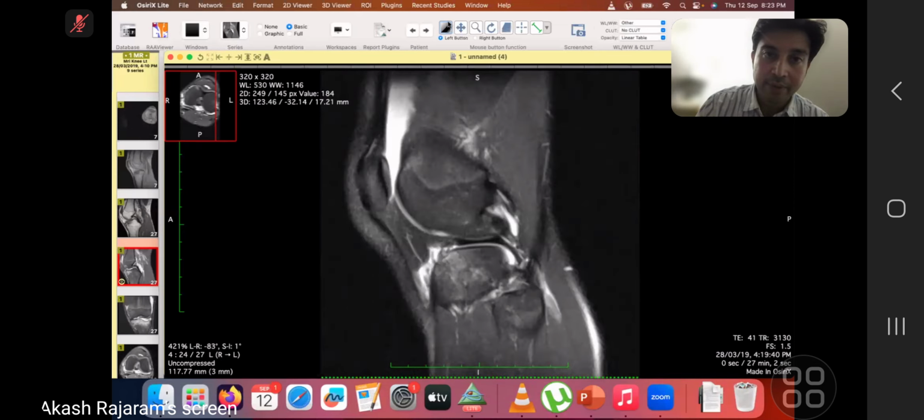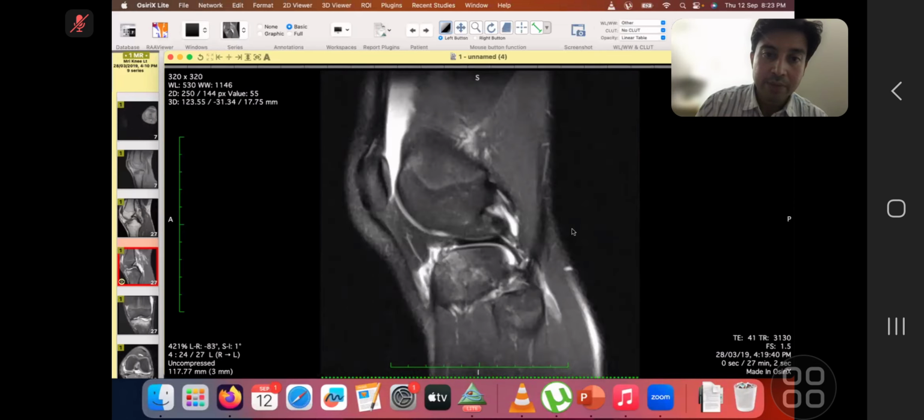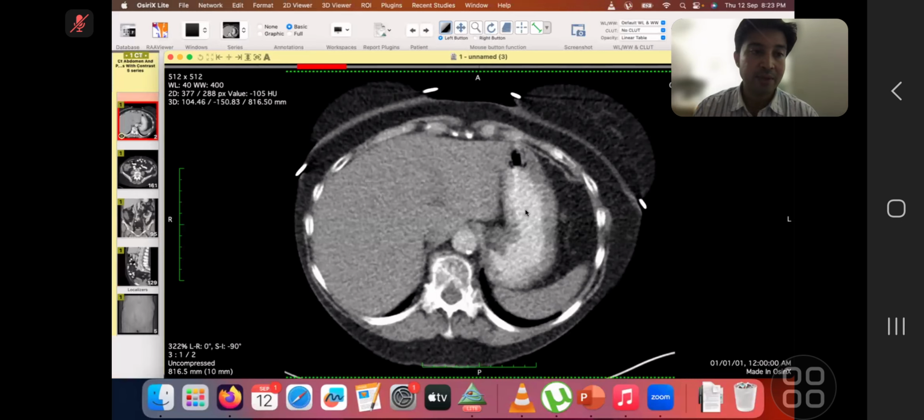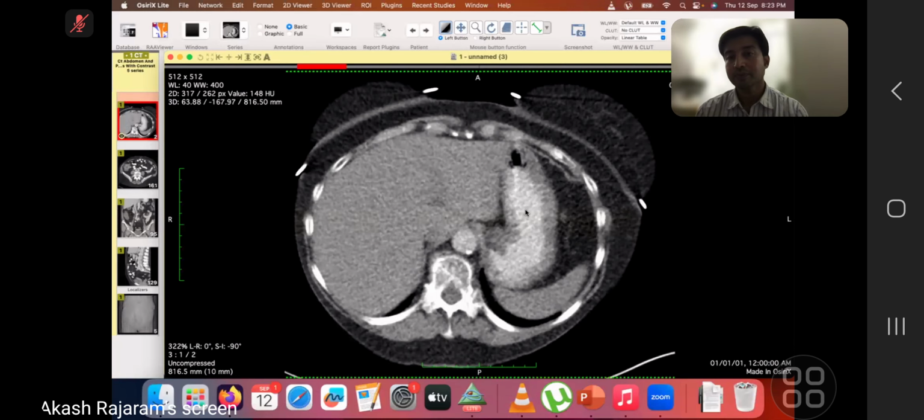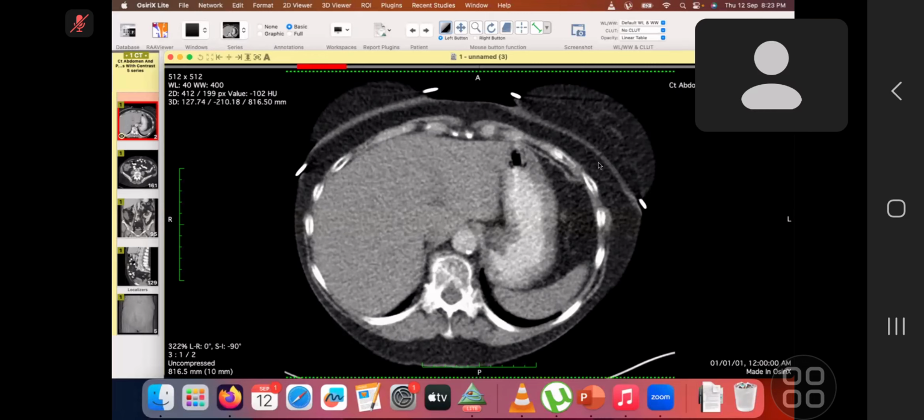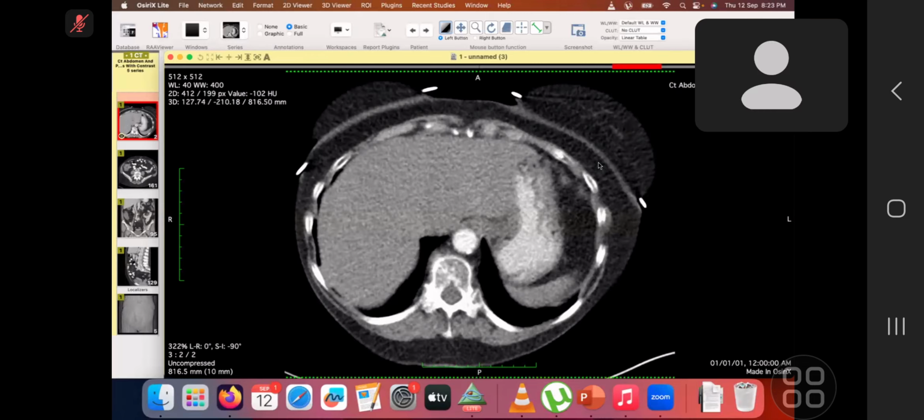Due to lack of time, let me show you one more case and then we'll summarize. I'm presented with the CT abdomen and pelvis with IV contrast.